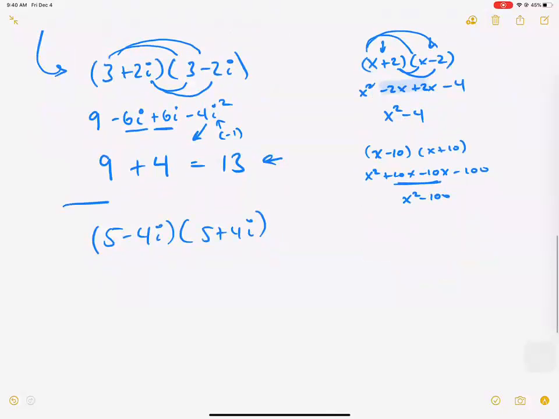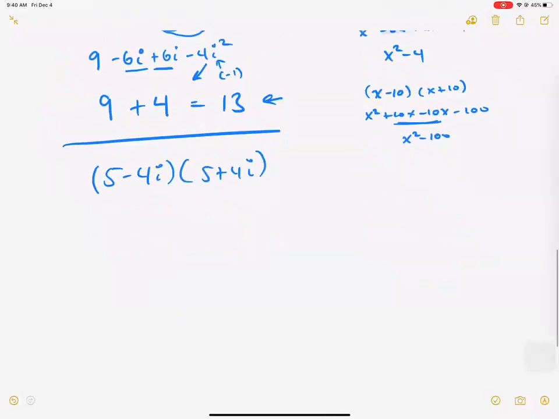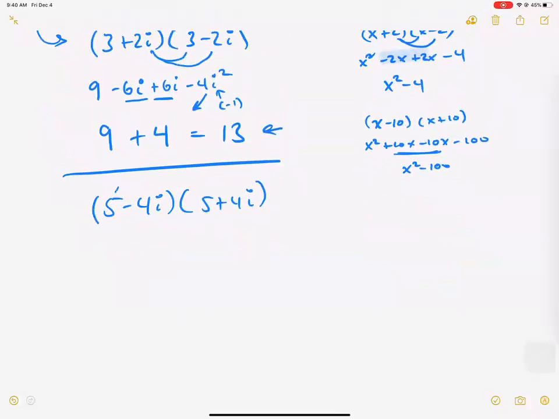Now, we could take our time and multiply these together. 5 times 5 is 25, yes? 5 times 4i is positive 20i. Negative 4i times 5 is negative 20i. And negative 4i times 4i is negative 16i squared.